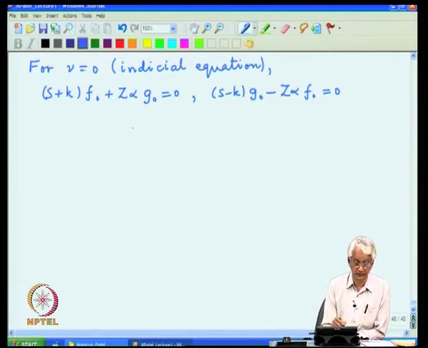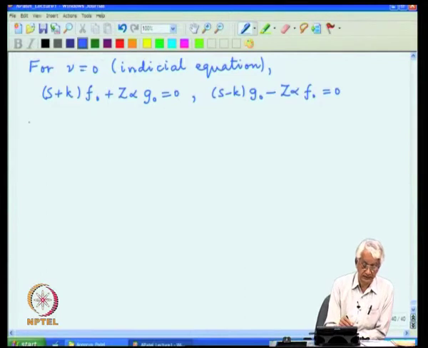A non-trivial solution will exist only if the determinant of the coefficients vanishes.